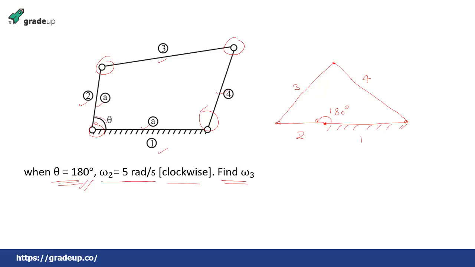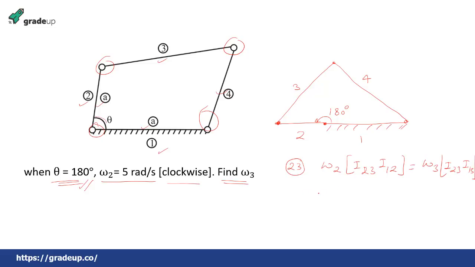We need to find omega 3. So for links 2 and 3, omega 2 times I23 I12 is equal to omega 3 times I23 I13.